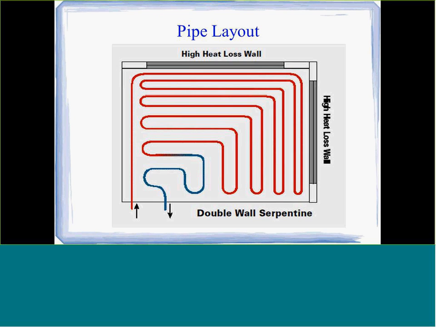If we have more than one outside wall, we can do a double serpentine where we bring the hot water against the two walls and then work our way back to the exit point of the room.